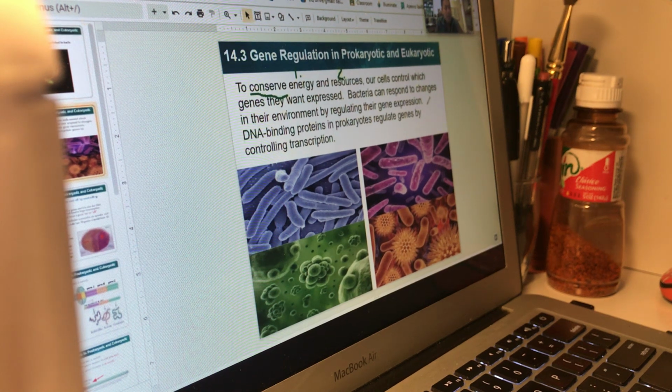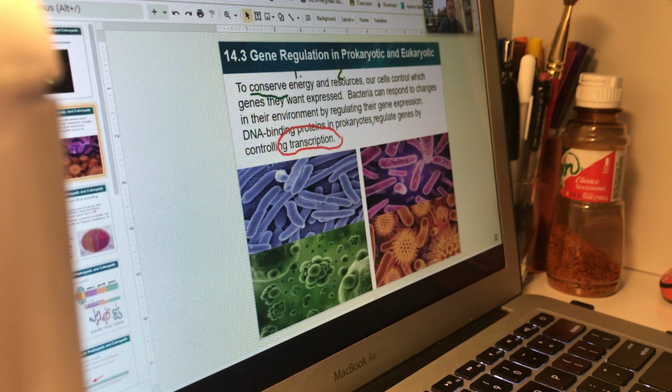Now, bacteria, they respond to changes in the environment much faster than you and I, because they're simple. And because they have fewer genes, the process is a lot easier for them in controlling their expression. Now, one location where gene expression is controlled is transcription.